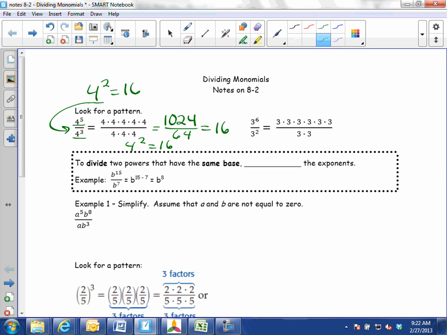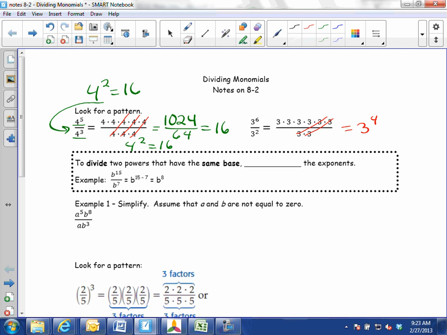Or you can think about, well, I know that these two are going to cancel each other out, and these are going to cancel each other out, and these are going to cancel each other out, and we're left with just 4 times 4, which is 16. That's what all works. Okay, so we can do the same thing over here. We can say, well, these cancel out, and these cancel out, and we're left with 3 over 4.